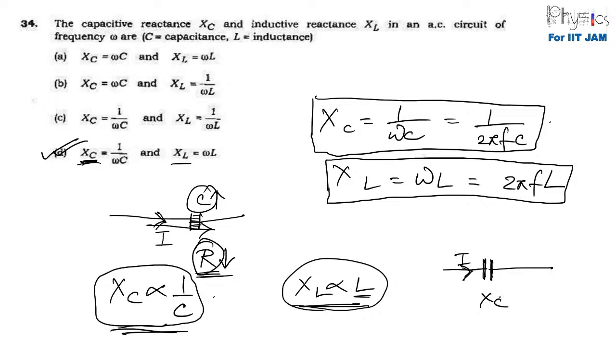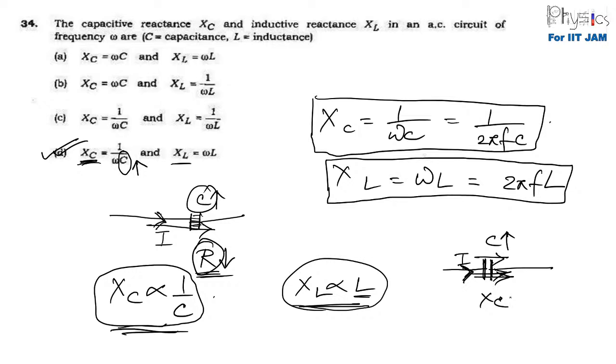If you just increase the value of this C, what will happen? The current will simply flow through this capacitor, that is, it would act as a short.